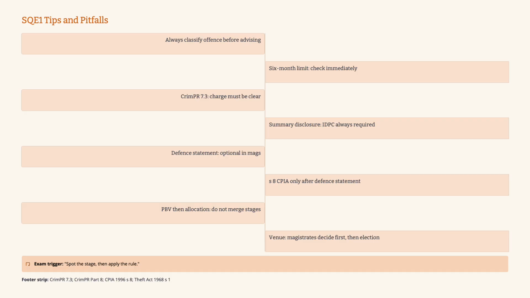They are sequential. PBV first, then allocation if not guilty is indicated. Eighth, at allocation, remember the decision sequence. Magistrates decide venue suitability first, then if they accept jurisdiction, the defendant may elect Crown Court trial. So if magistrates don't accept, it will go to Crown Court.